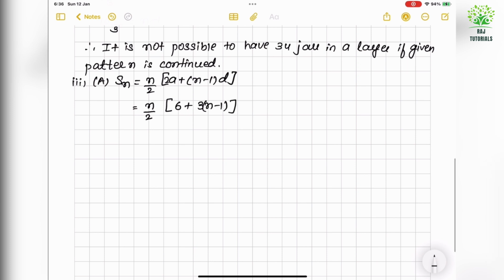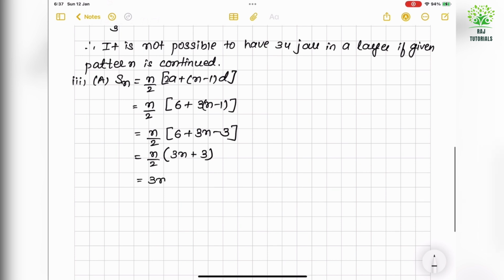How did 6 come? 2 into 3. So now this will be n upon 2 into (6 plus 3n minus 3). So if I solve it, n by 2 into (3n plus 3). So my general formula becomes 3n upon 2 into (n plus 1).